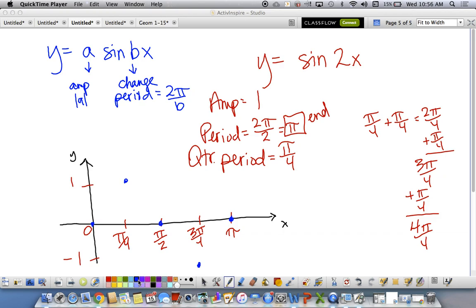If sine starts at 0, you're going to 1 to -1, back to 0 to -1, back to 0. It's the pattern. That shape will not change. That's why you ask yourself, it's a sine curve and it's positive, so I go up first. Don't think about anything else. Just sketch it.